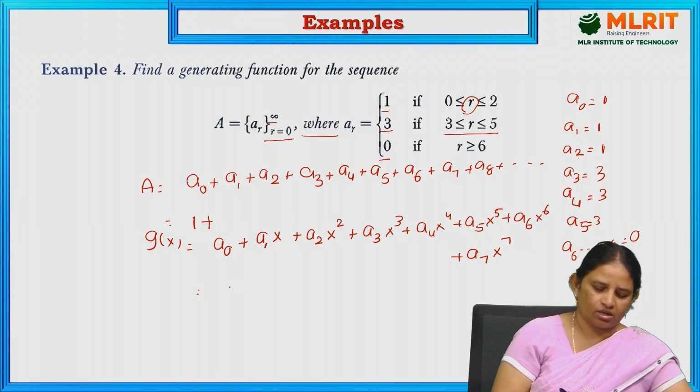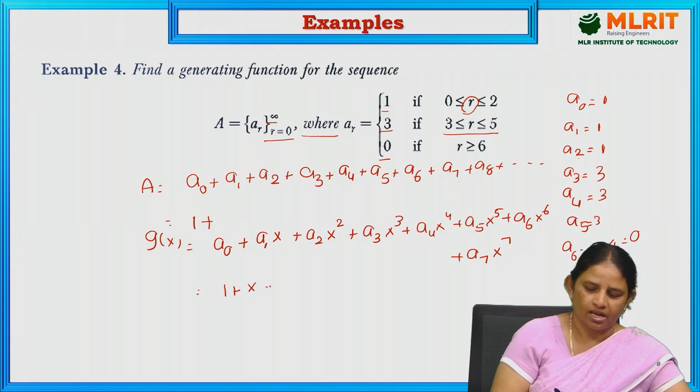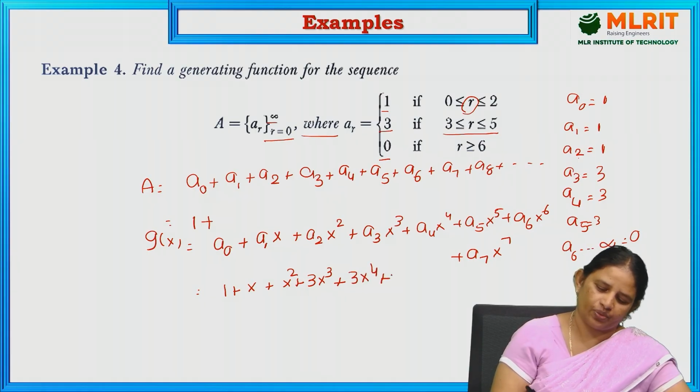What is a0? That is 1, plus a1 is also 1, 1 into x is x. A2 is x square, plus a3. A3 is 3x cube, plus a4 is also 3x to the power of 4, plus a5, that is also 3x to the power of 5.